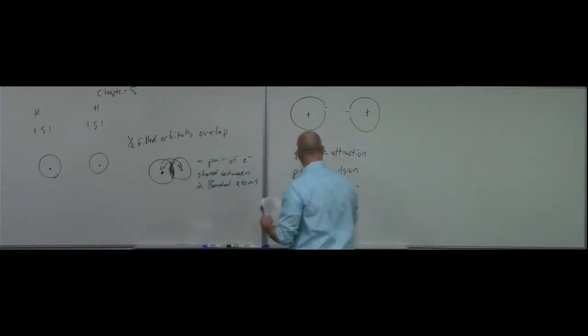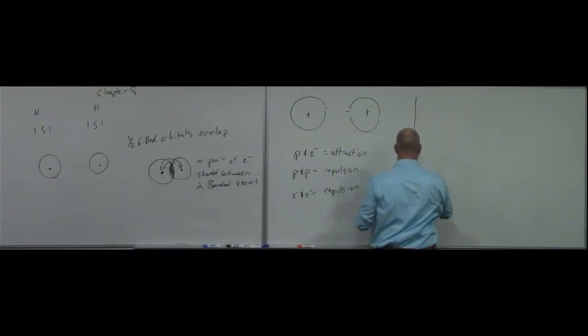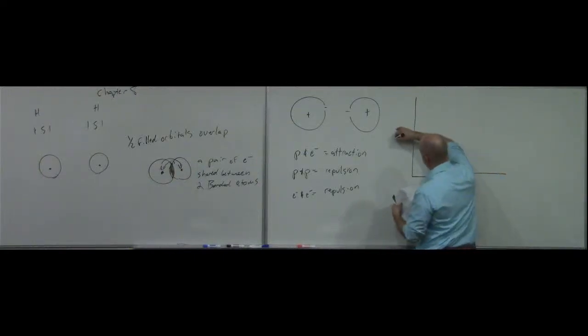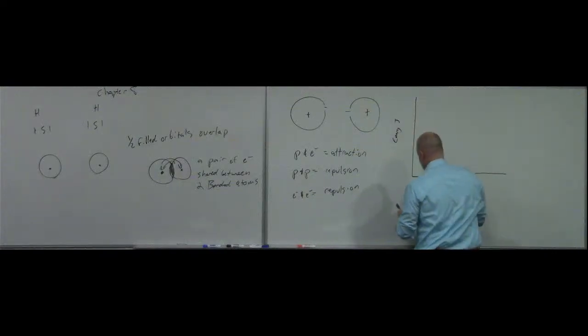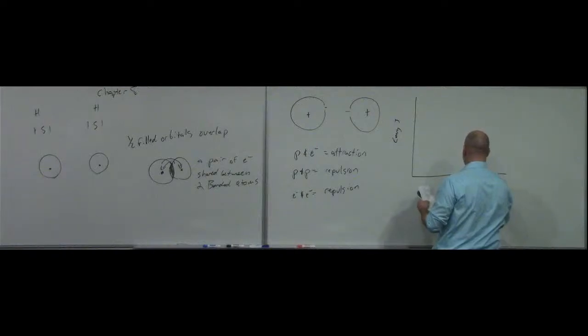Okay, so they give us this really great diagram. It really is very good for understanding all this. Okay, this is our energy in joules, and this is our distance between nuclei.